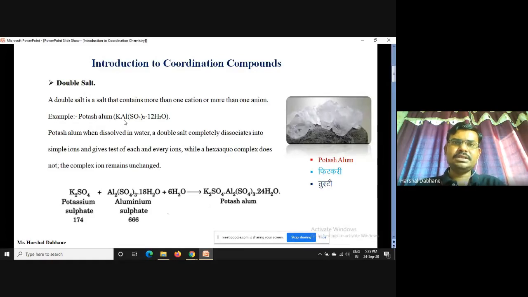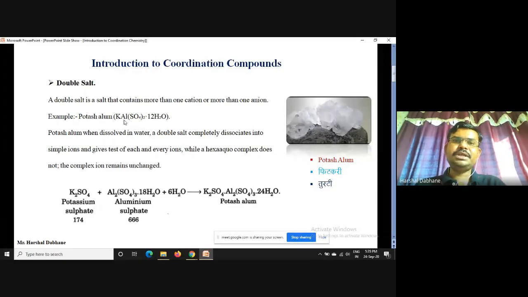And what is the property of a double salt? When we dissolve this double salt in water or any aqueous medium, the double salt is soluble in the water or aqueous medium.